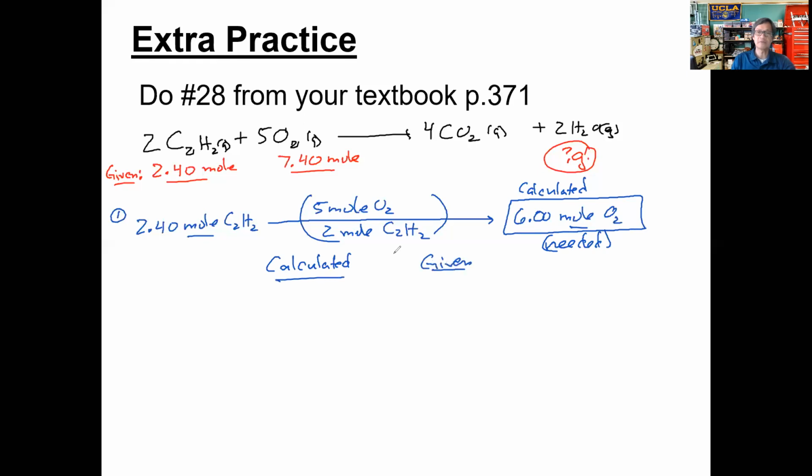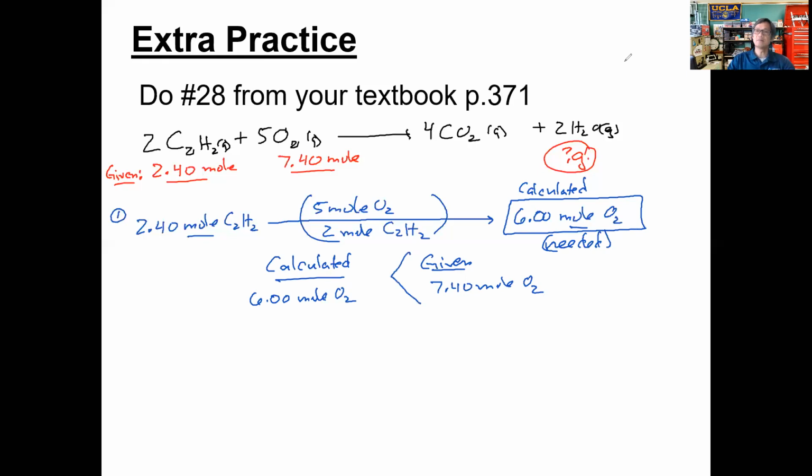The calculated value is 6 moles of O2. The given value is 7.40 moles of O2. The question is, if this is how much we need, are we given at least that much? The answer is yes, because we were given more than what we need.